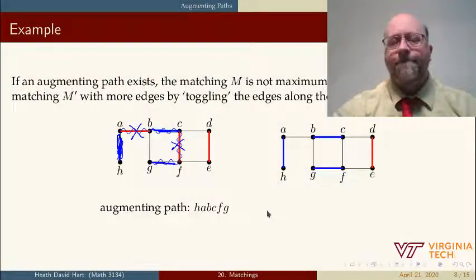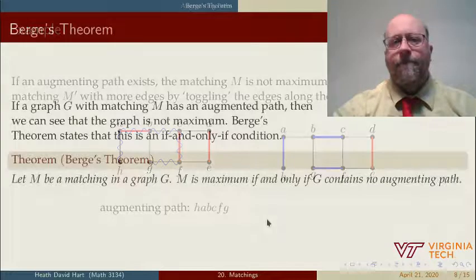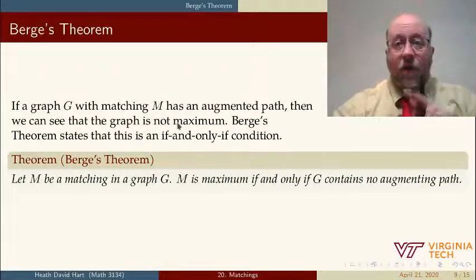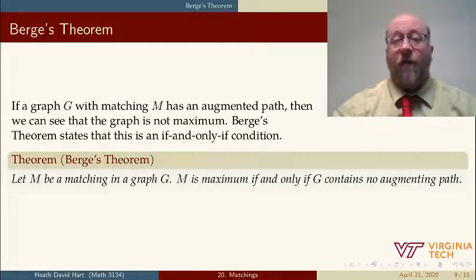Okay? So if a graph has an augmenting path, we can definitely see the matching is not maximum because I can toggle edges along that path. Edges that weren't included, we will include. Edges that were included, we will stop including.